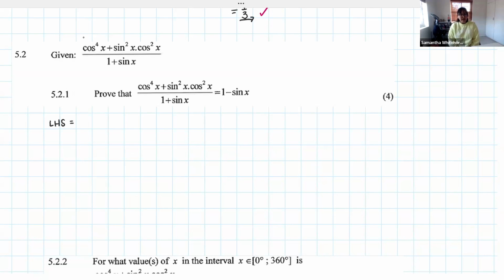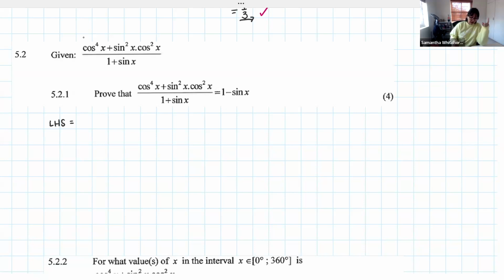I think you're saying we could do a double angle. Just remember your double angle formula is 2 sine x cos x, so we would have to introduce a 2 there. There's nothing wrong with that, but bear in mind that you might have to add that 2 in order to introduce the double angle.